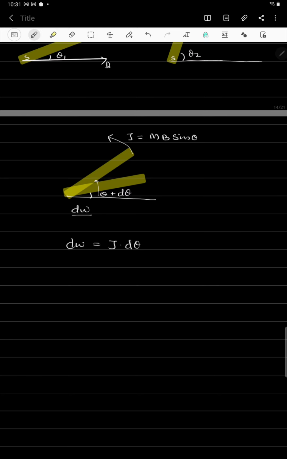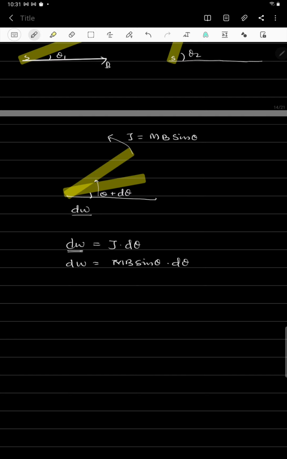Similarly here, the rotation is theta, d theta. So this is for a small work, and that small work is written as dW equals the torque, which is mB sine of theta, into d theta.